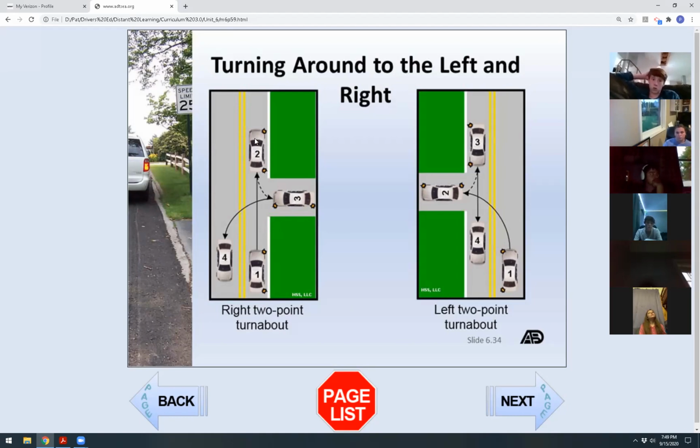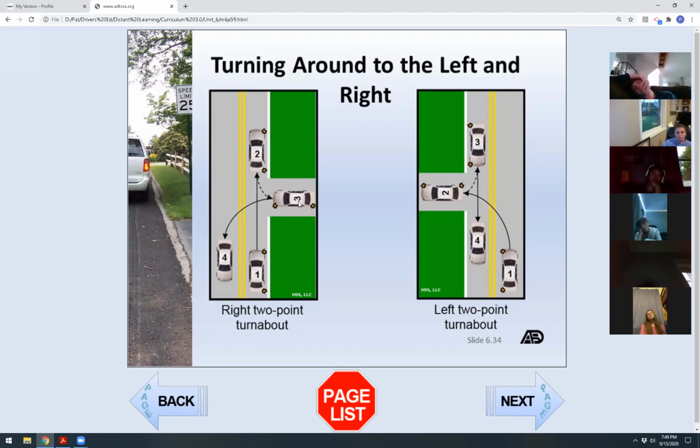So this is one motion, we back into it, that's two motions, and then we pull out, that's three motions. That's why, two points, or is it three, right? I mean, they even got four numbers here, but the point is, we put on our blinker, we drive past, stop, put the car in reverse, we back into the driveway, stop, put it into drive, and we go.